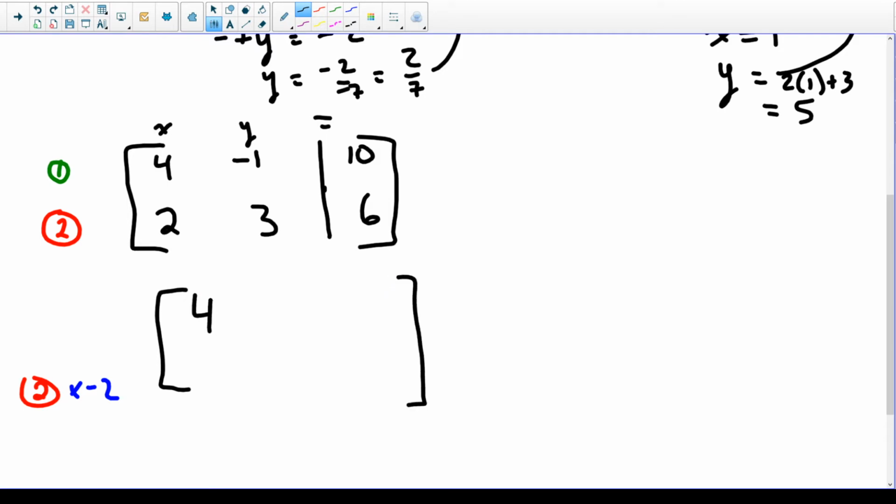So the first equation stays the same. Our second equation is going to become negative 4, negative 6, and negative 12. And we're going to call that new equation equation 3 because we changed it. It's no longer equation 2, it's now equation 3.